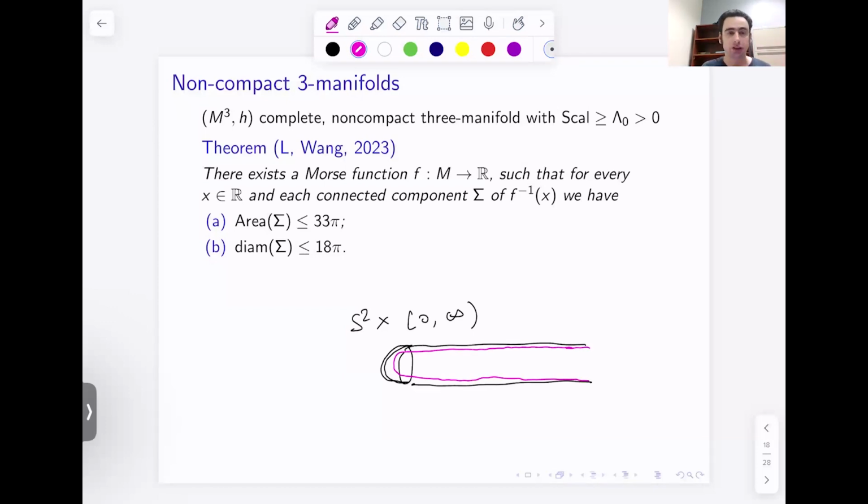You'll get a positive scalar curvature manifold, which you can foliate by mean convex hypersurfaces. And so there won't be any minimal surfaces in a space like that.